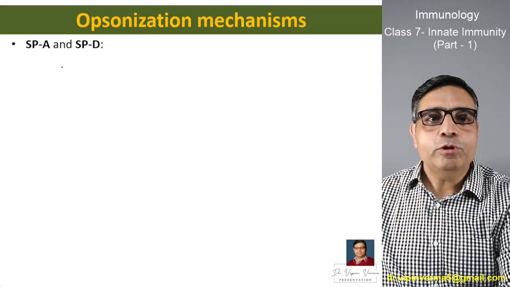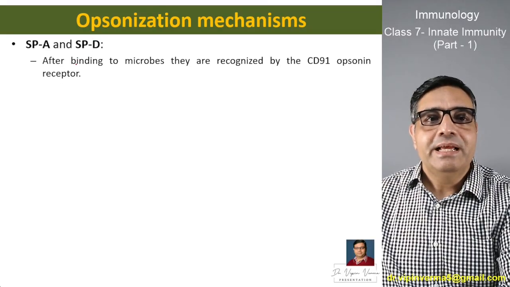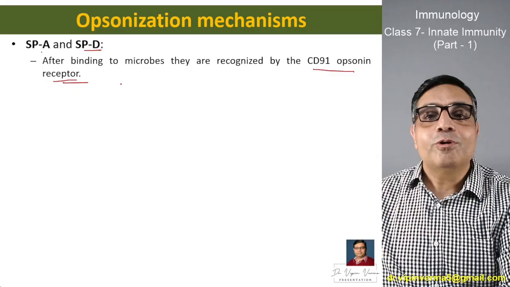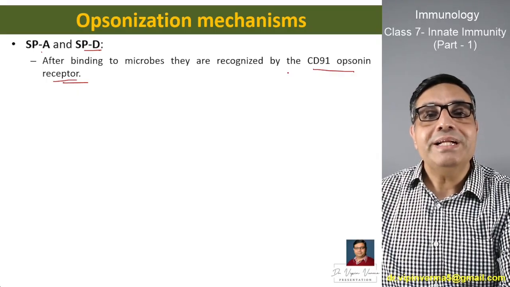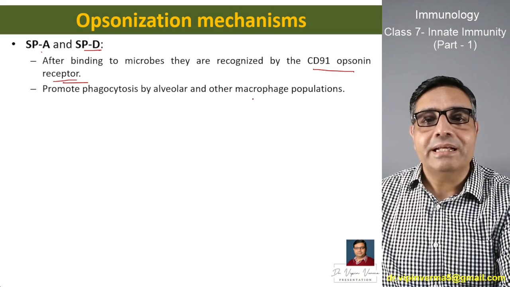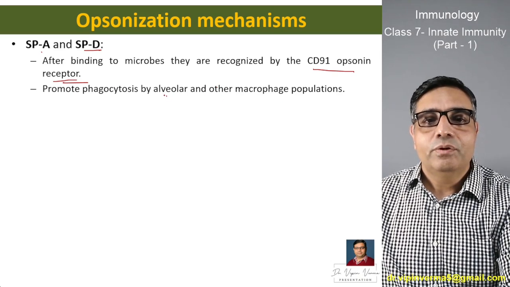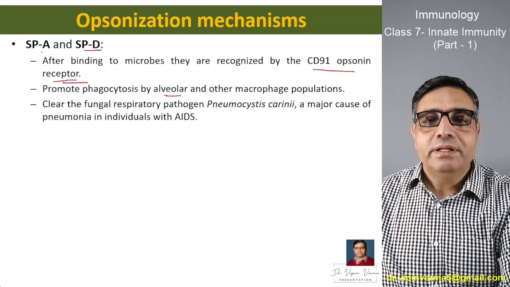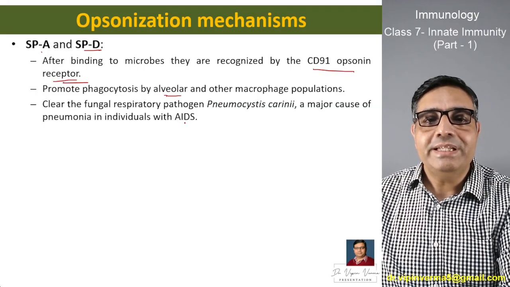Now we also have SP-A and SP-D. After binding to microbes, both SP-A and SP-D are recognized by the CD91 opsonin receptor because they are also opsonins, and they promote phagocytosis by alveolar and other macrophage populations. They clear the fungal respiratory pathogen Pneumocystis carinii, a major cause of pneumonia in individuals with AIDS.